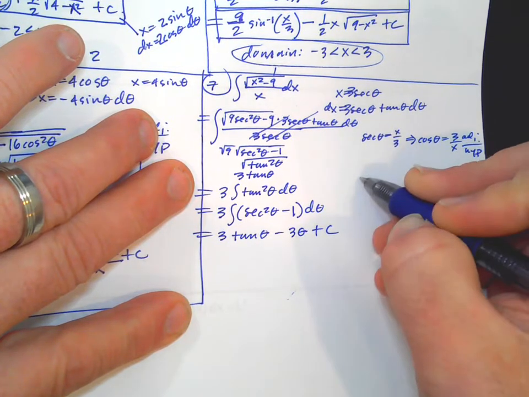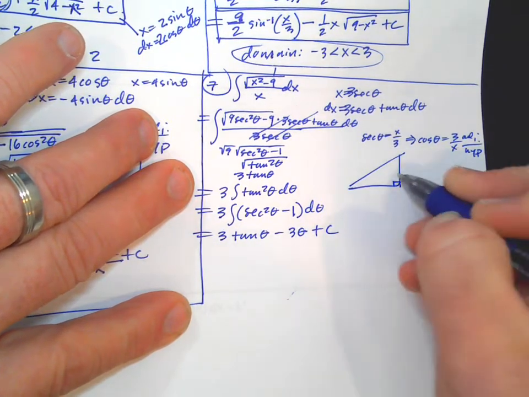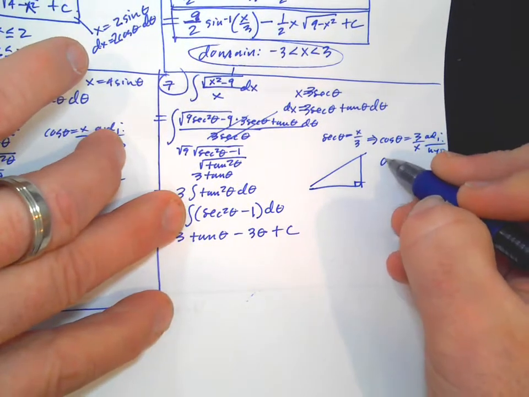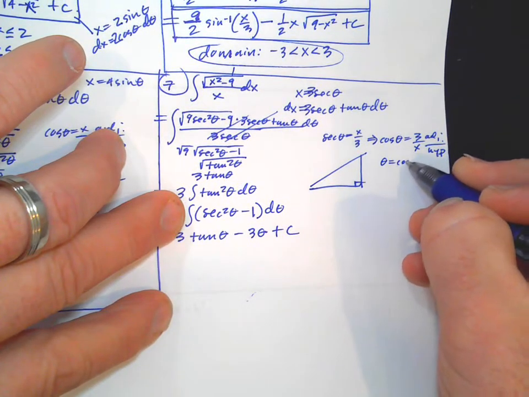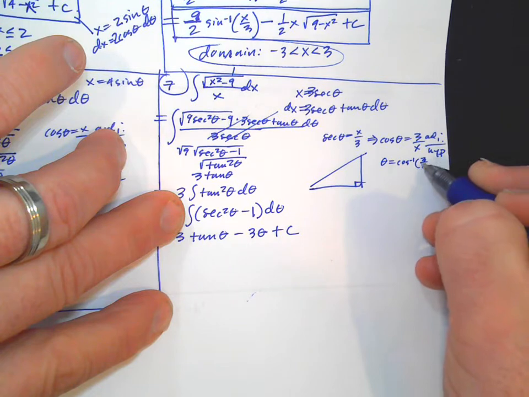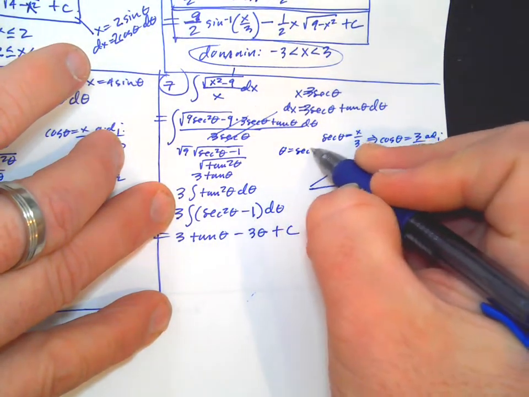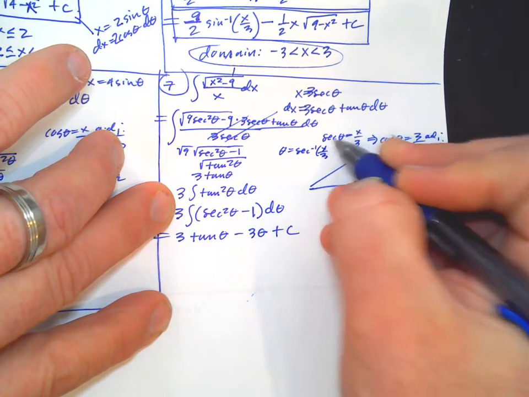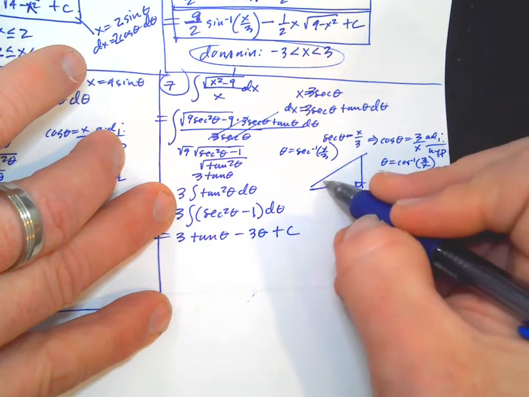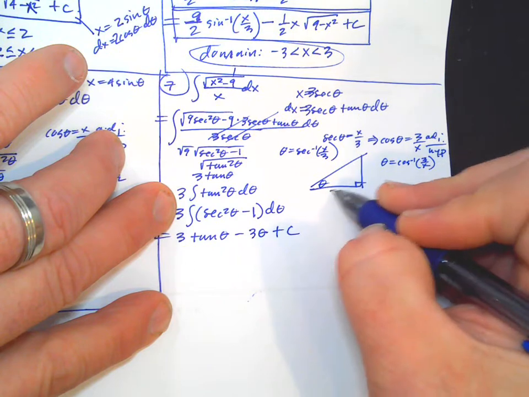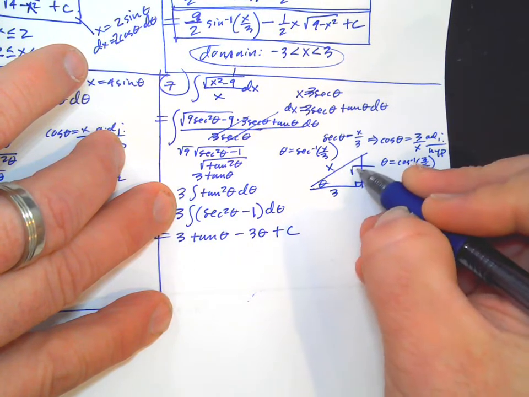So I'm going to draw a little triangle. That also means that theta equals inverse cosine of 3 over x, or you could do theta equals inverse secant of x over 3. So either of those. Here's theta. Adjacent is 3. Hypotenuse is x. This leg has to be the square root of x squared minus 9.